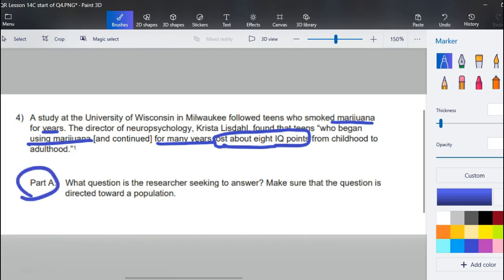Part A, what's the question that the researcher is seeking to answer, and make sure that this question is directed toward a population. You need to try to write your question. So go ahead and hit pause, write your thoughts on what the question is, and then come back and let's finish up the lesson together.